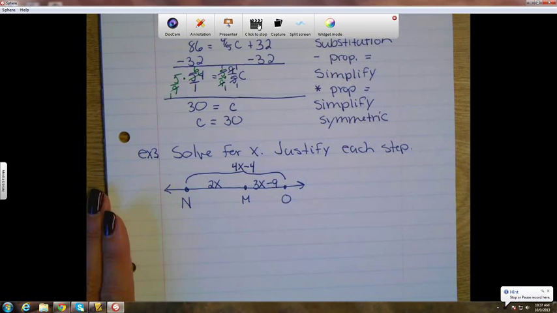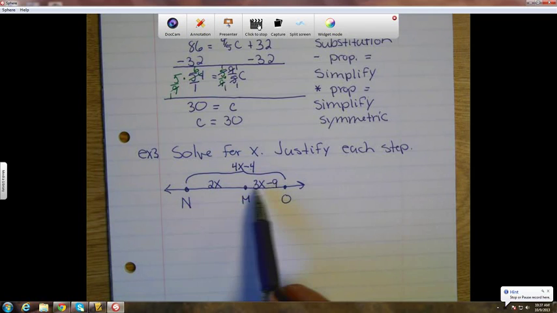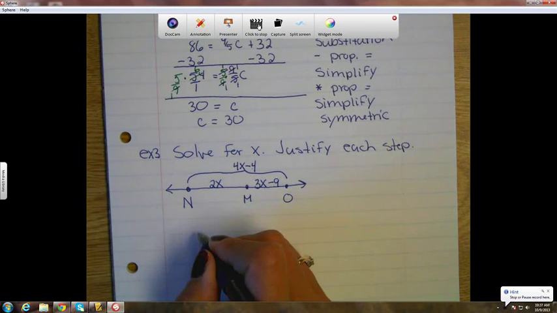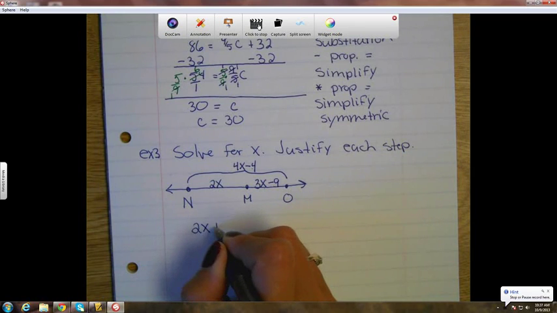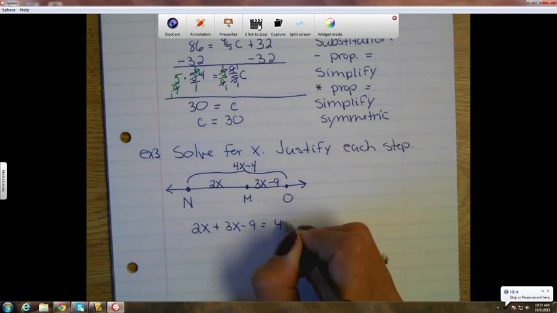Okay, this is a problem right out of chapter 1, but we didn't do the justifying business. What you had to do was write an equation that relates these three pieces. So, 2x plus 3x minus 9 equals 4x minus 4. Okay, perfect.